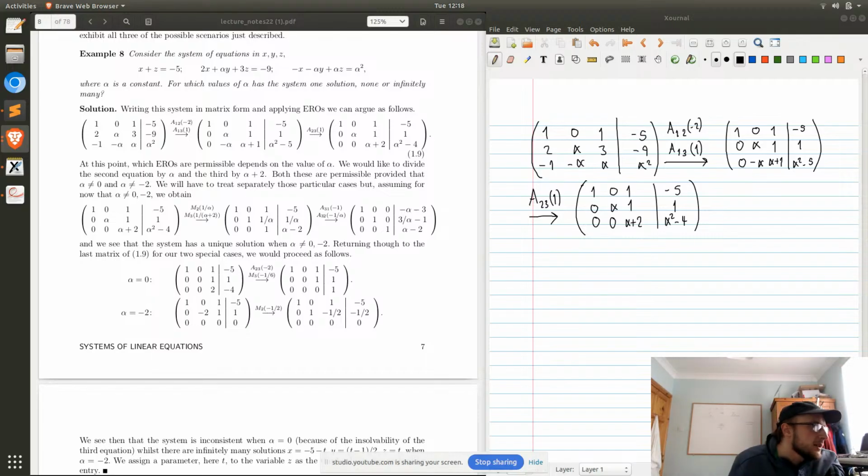Name for diagonal half matrix. All right, okay. Now that we have ones on the main diagonal and zeros on the lower triangle.